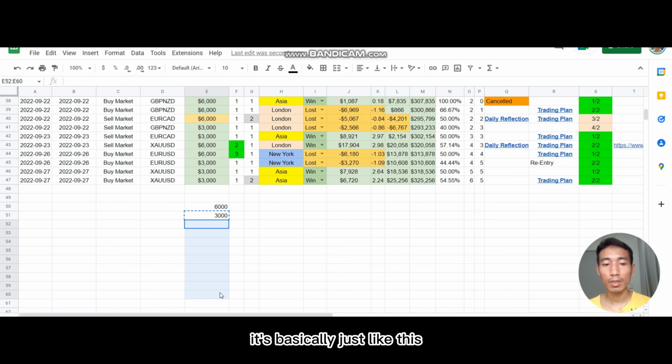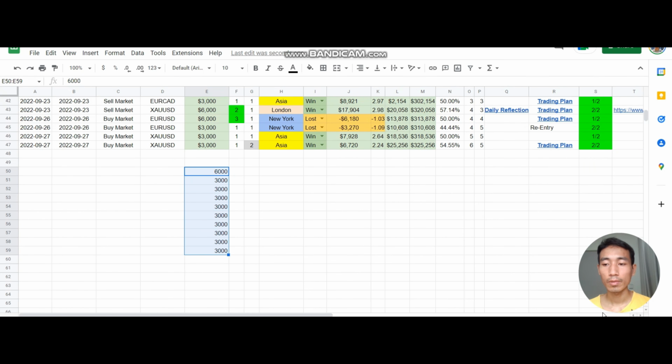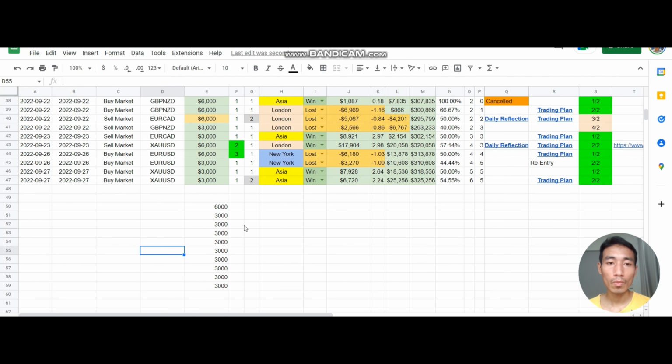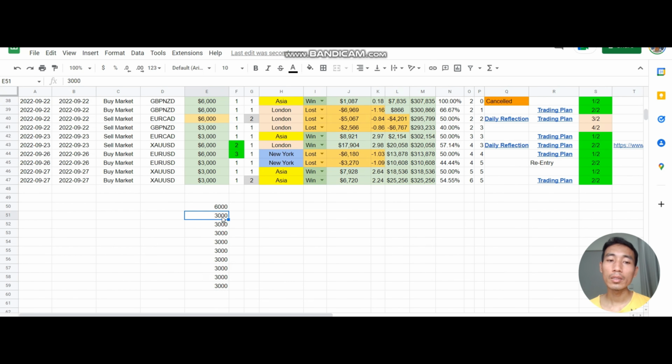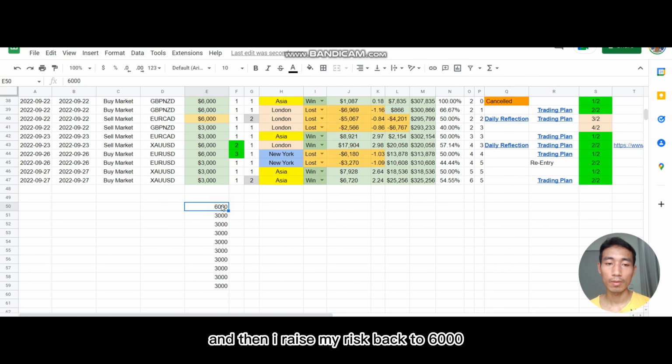If I lose this one, I cut my risk to half, and I keep trading the same risk all the same until here, until I get a winner with 3R, and then I raise my risk back to 6,000.